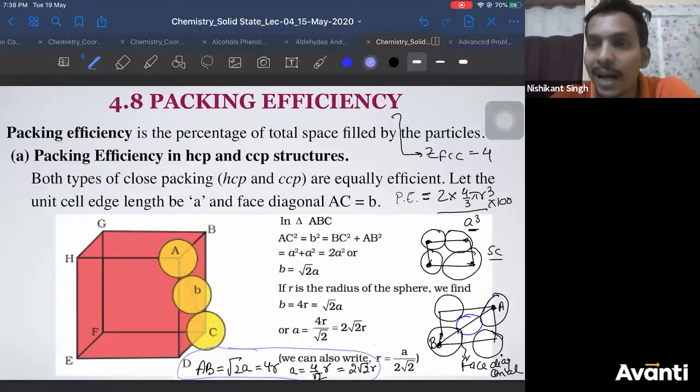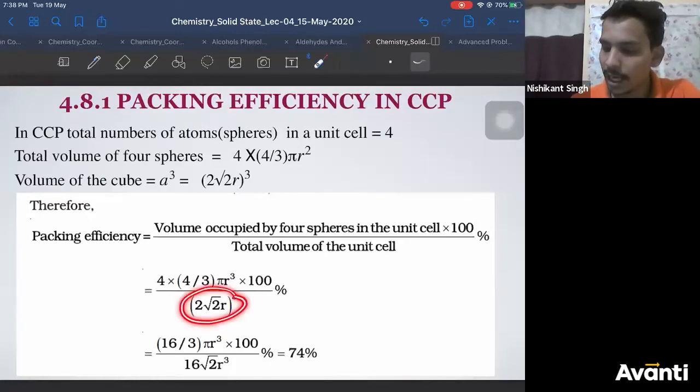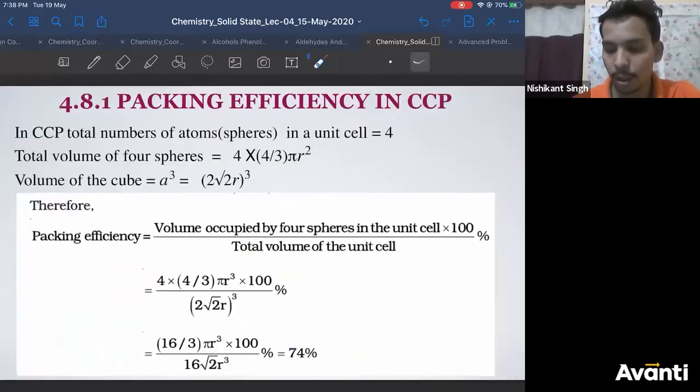Now let us move ahead with the packing efficiency calculation. The calculation is quite easy, right? Z, you know, 4 by 3 pi r cube. A, you know, in terms of R. Substitute the value of A in terms of R. I have replaced my A by 2 root 2 R, so you'll get 2 root 2 R whole cube.